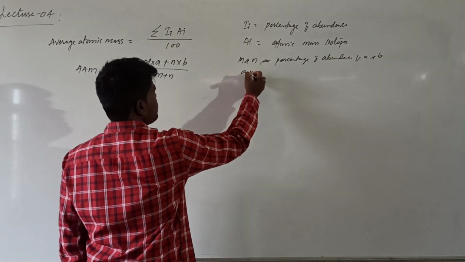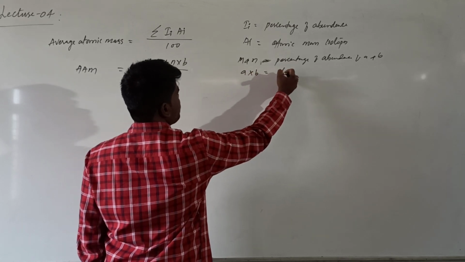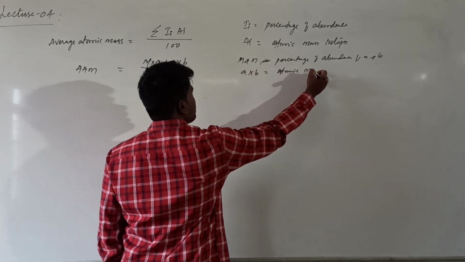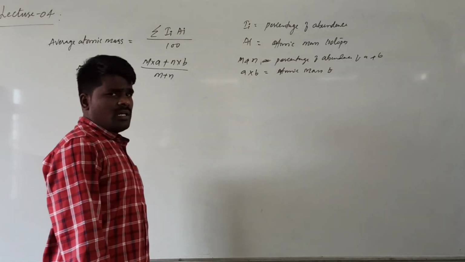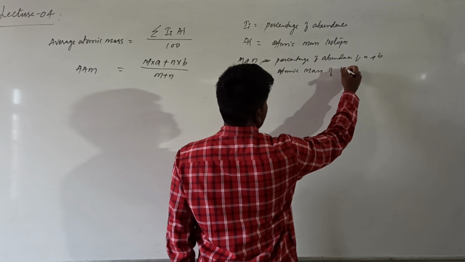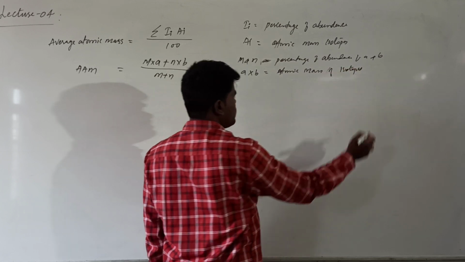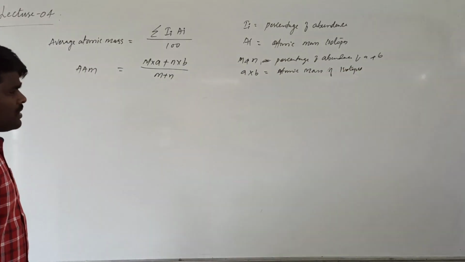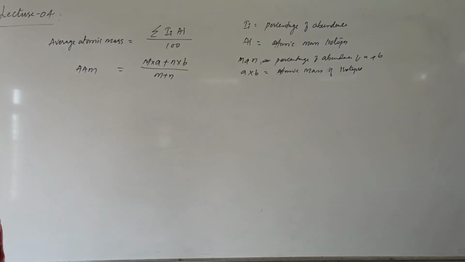And A and B are the atomic masses of the element's isotopes. I think we have seen the examples of boron as well as chlorine in the last class.